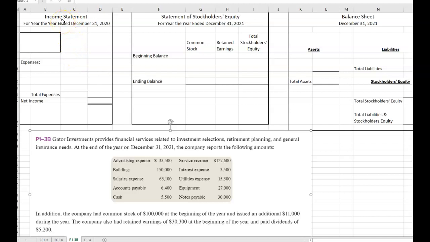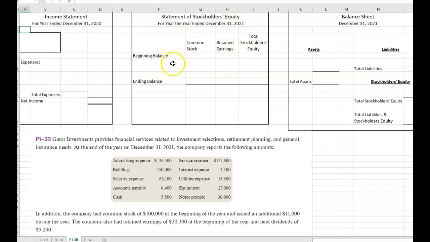Income statement is for a period of time. For the year ended, for the year. I guess there's some typos here. Let's see if I can just fix that. For year ended December 31st, 2020. So everything that happened during the year from January 1st to December 31st gets aggregated and put on the income statement.